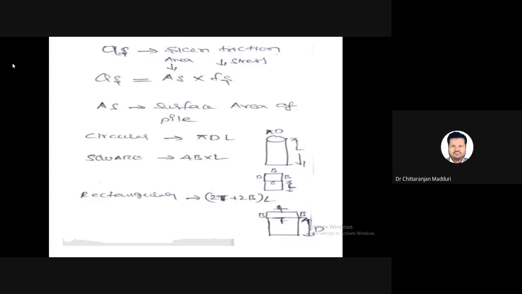For a circular pile, surface area equals pi d into L, circumference into the length of the pile, since skin friction exists throughout the length of the pile. For a square pile, perimeter equals 4b into the length of the pile. For rectangular, 2 into length plus 2 into width, into the length of the pile. So please remember, AS is known as the surface area of the pile.